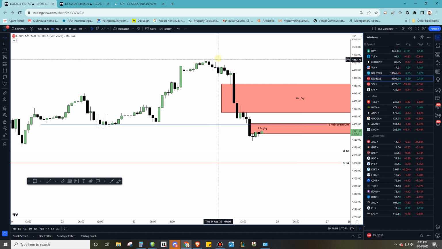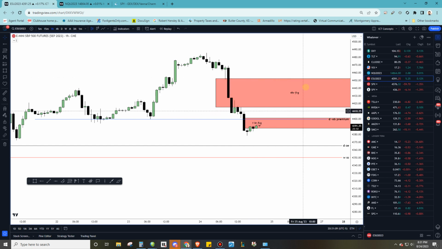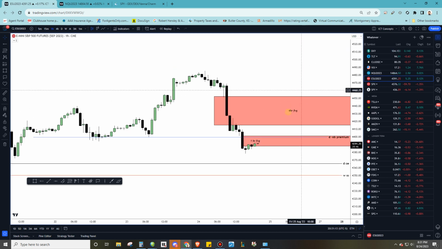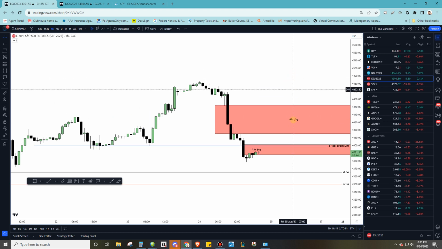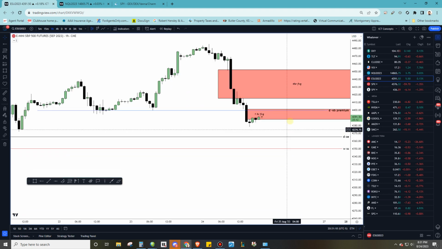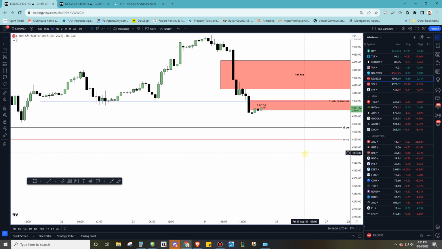We could probably use this on the hourly as a draw. We could wait for some fair value gaps and order blocks to develop on the way back up, get in and target these levels and higher. But as of right now, we don't have that setup. The only setup we have is to target this 43.50. And right now we've got an hourly setup into these lower draws.